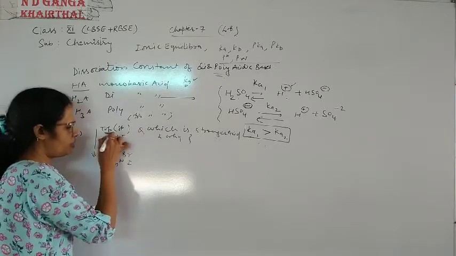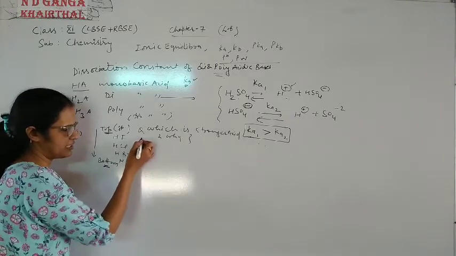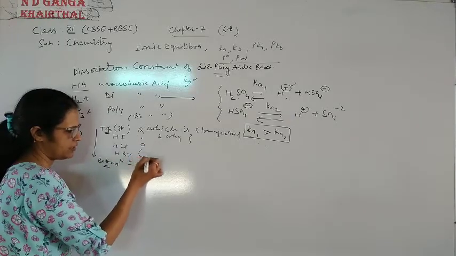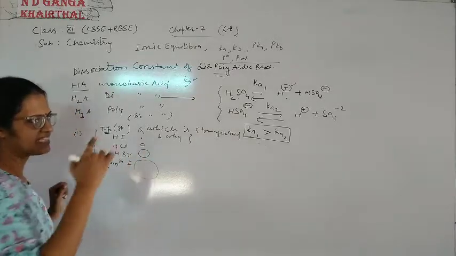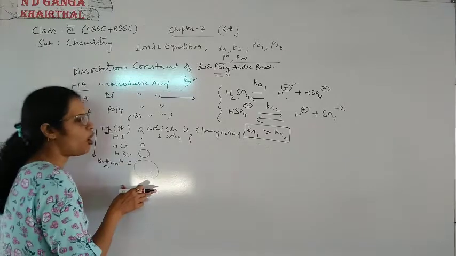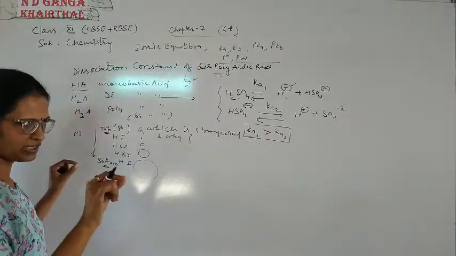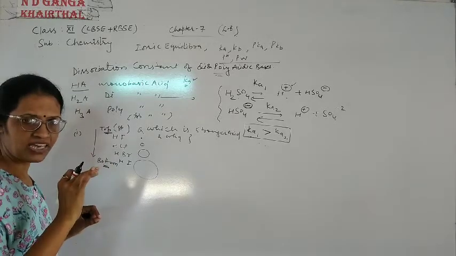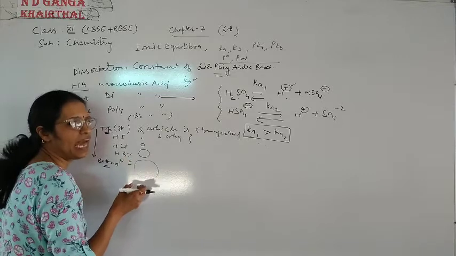When we move from top to bottom, we see that the size of the halogen increases. As size increases, the bond becomes long, and if a bond is long, then it will be weak and the bond strength will be less.